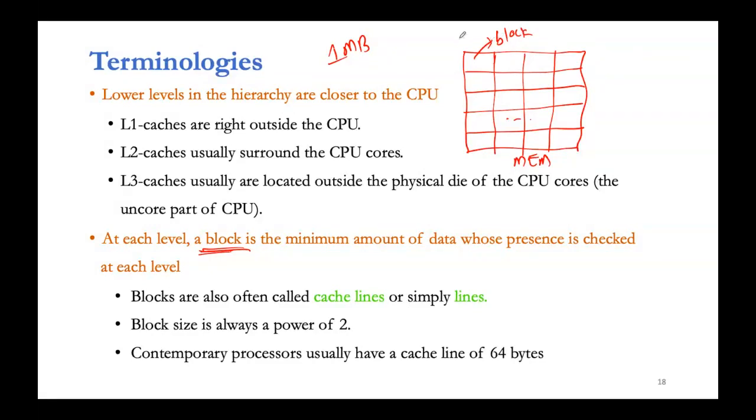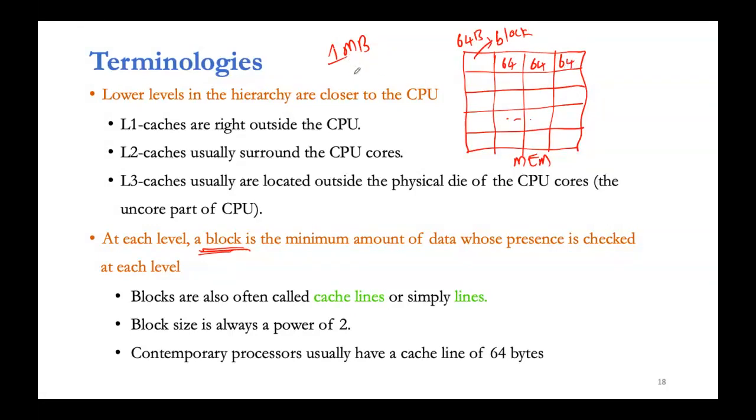Generally the size of this block is 64 bytes. Similarly, the next block is also 64 bytes, and so on.